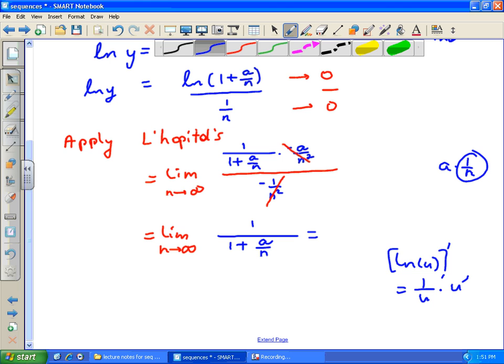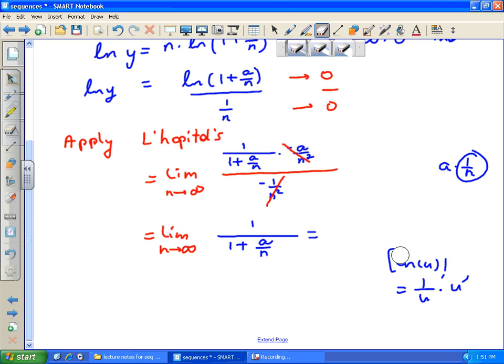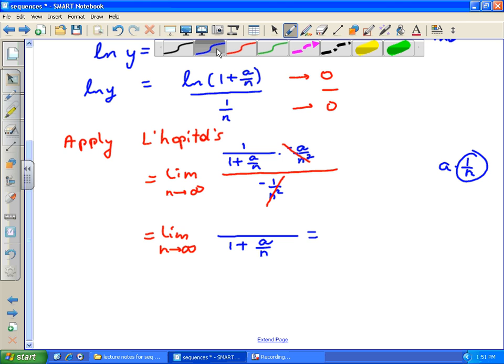Who can tell me what the limit of this quantity is as n goes towards infinity? Oh, sorry, I still need an a up there. Thank you. Okay, so where does this quantity go as n goes towards infinity?